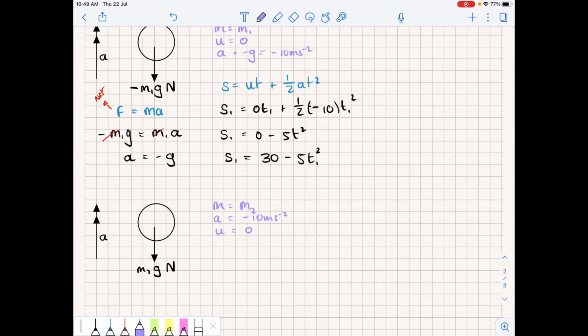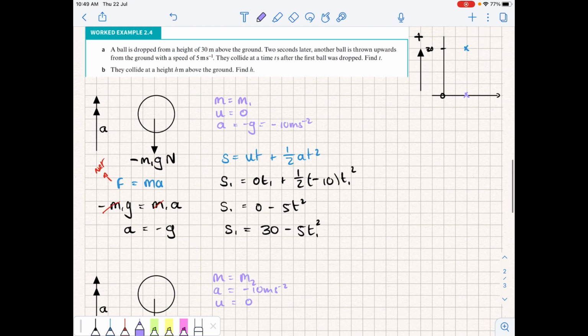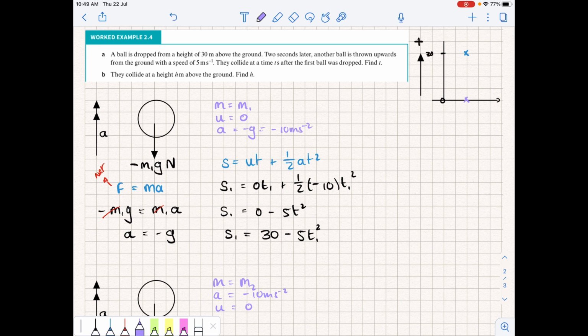Now, if we go back to our diagram and have a look at the ball, if we consider the displacement and velocity of ball number 2 in relation to ball number 1, the displacement for ball number 2 will remain at 0 for 2 seconds, because it was only thrown 2 seconds after.